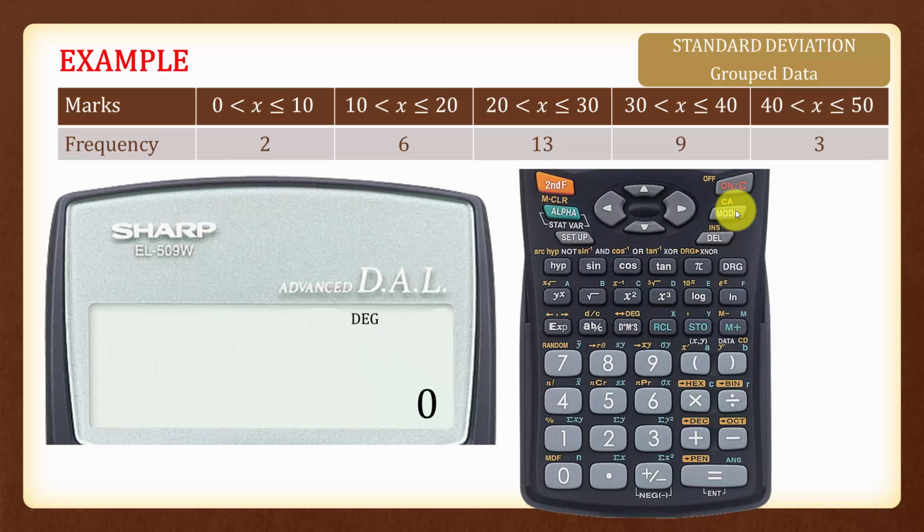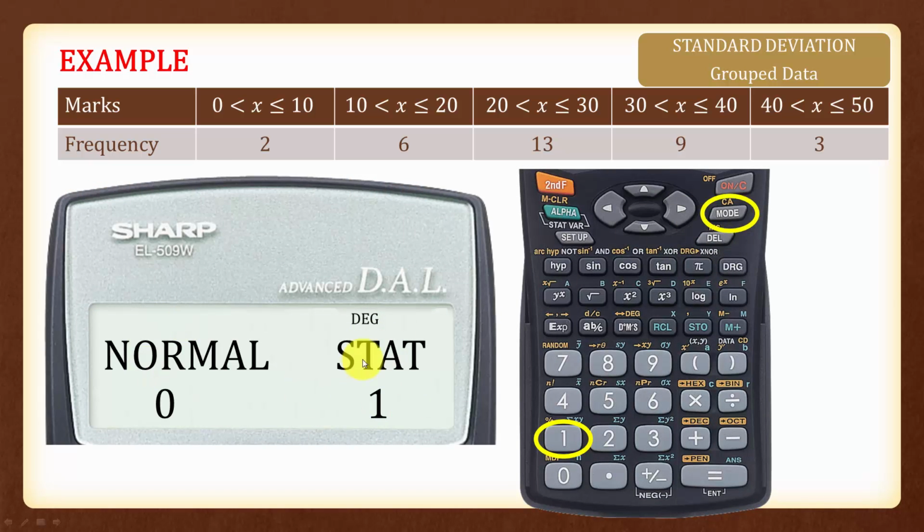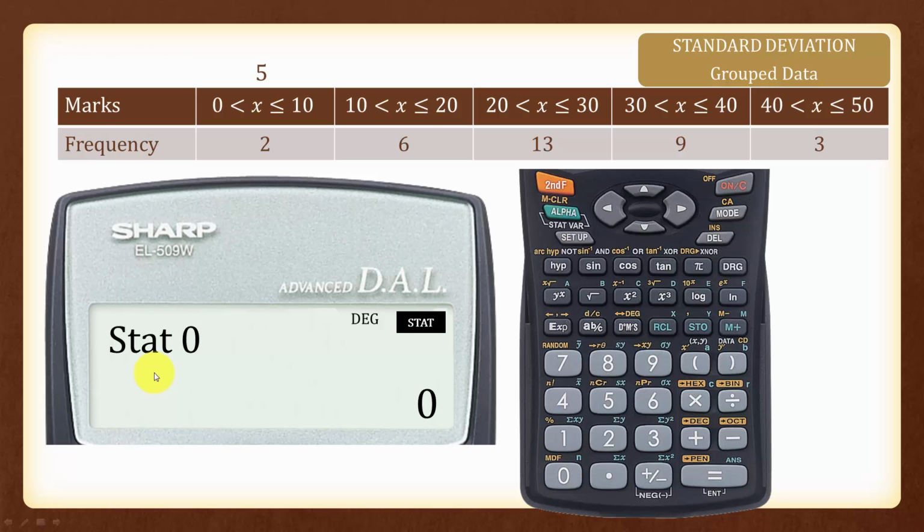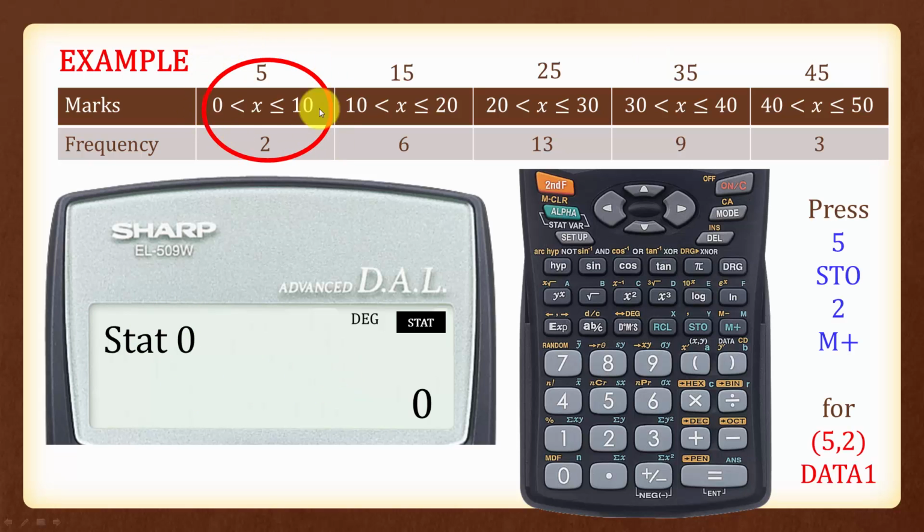First, we'll press Mode to get this screen here, and we want to press 1 for statistics, followed by 0 for finding standard deviation, which is SD. And this screen will appear on your calculator. Next, we'll input this set of data here, whereby the marks is 5 and the frequency is 2.